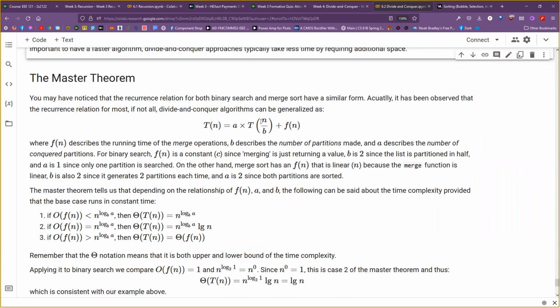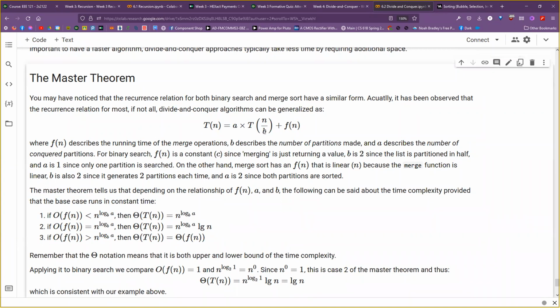So, a times t of n over b plus f of n. So, a yung number of partitions na kina-conquer, b yung number of partitions na ginagawa, and then f of n yung time natin to merge or yung mga crossing na or to combine yung ating mga solutions.